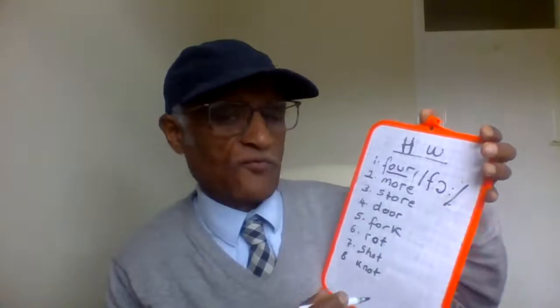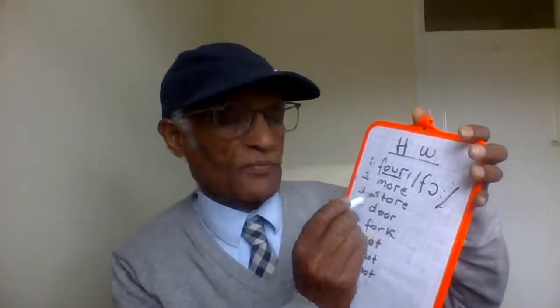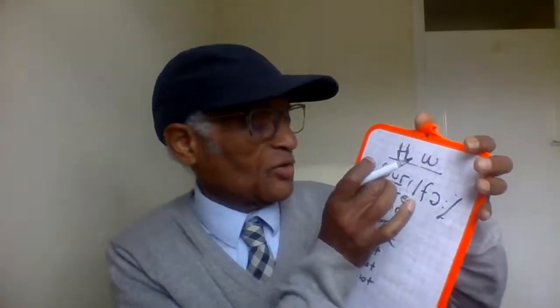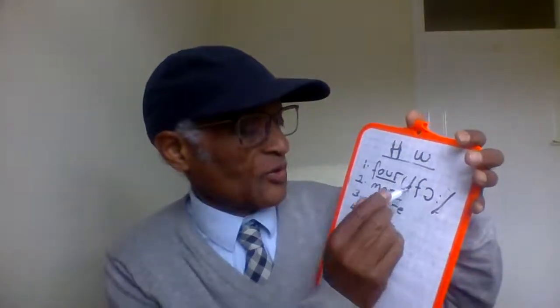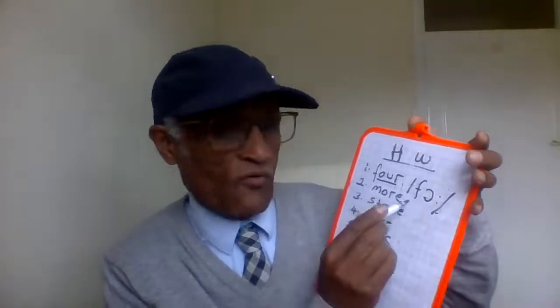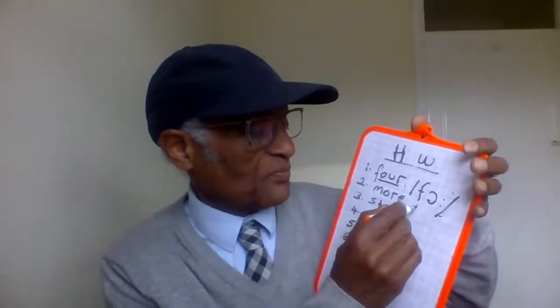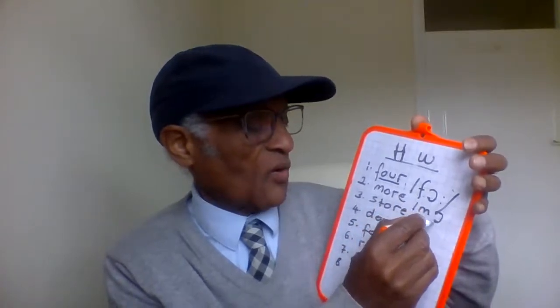Okay, that's "for". What happened to the R? It goes silent. And you keep the O longer. So you pronounce it as "for", not "for-r". And then "more", same. So we do m, and then o.